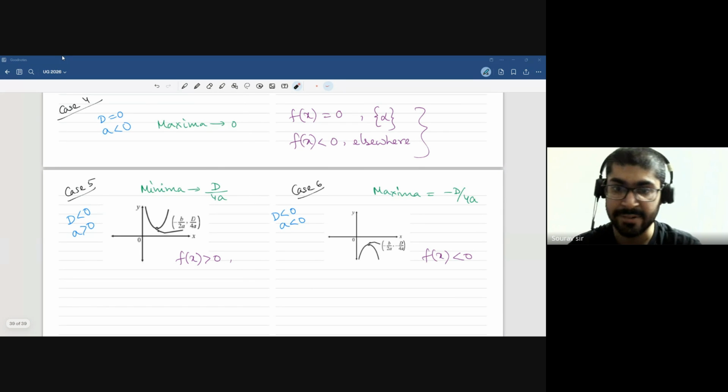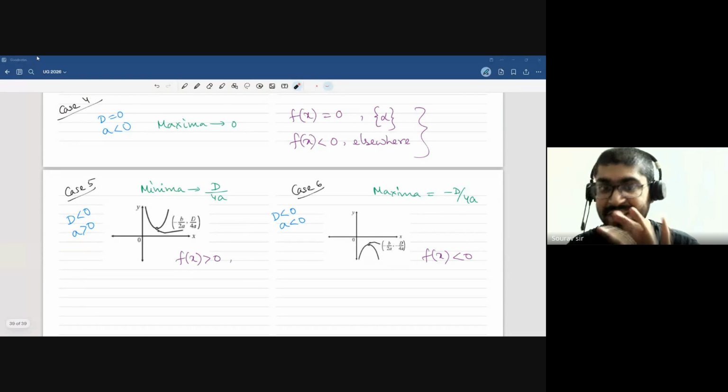Okay, very important. So these are all the cases done. And the maxima and minimum value we obtained, right? So if there is a problem asking you about maxima and minimum values, use this. You know that the maximum or the minimum value, that is the extreme values, always occur at minus b by 2a.